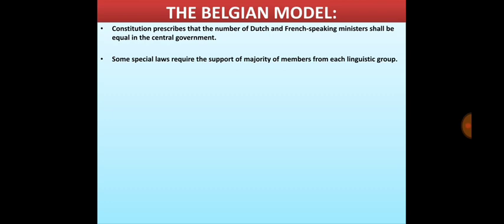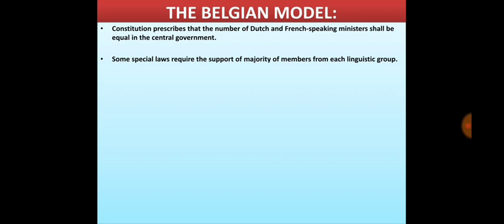The constitution prescribed that the number of Dutch and French speaking ministers shall be equal in the central government. Even though their population ratios are different, the number of ministers will be equal from both communities.